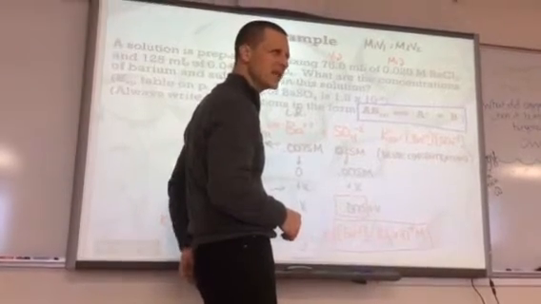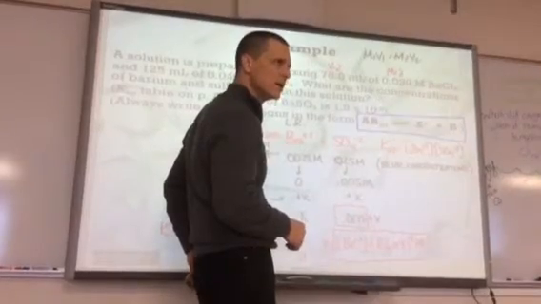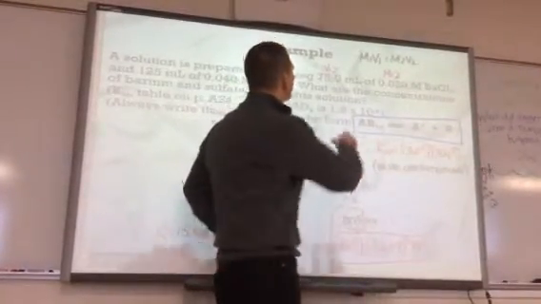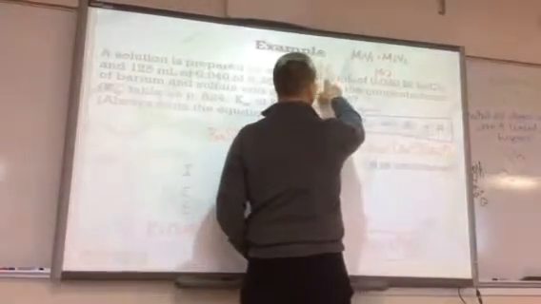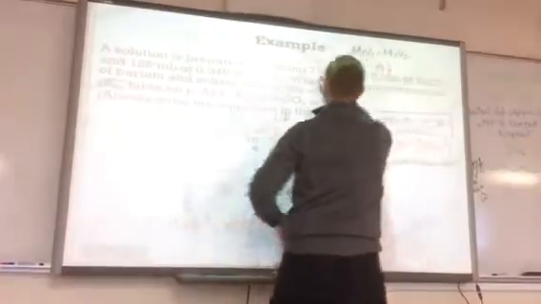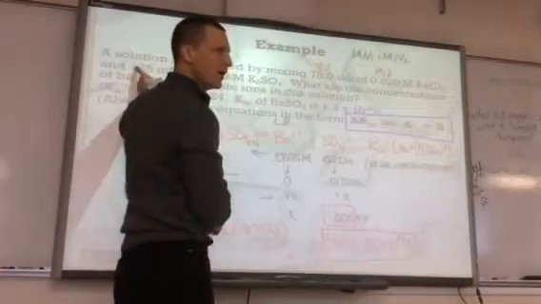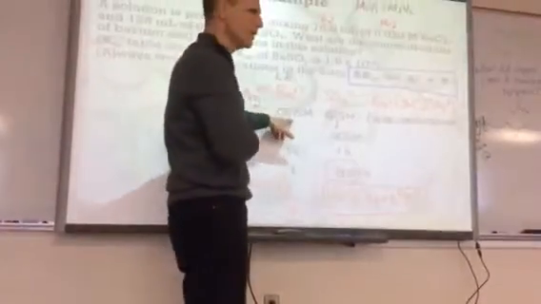Did you miss something about that the first time? I understand that, but then after I saw it, I'm like, M1 for the barium, M1 is 0.02 times 75 divided by 200. The V2 is 200 because it's 75 ml added to 125 ml. Are others getting this? I think this is right.